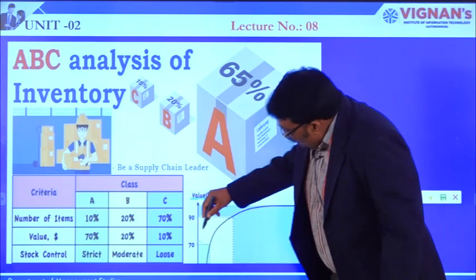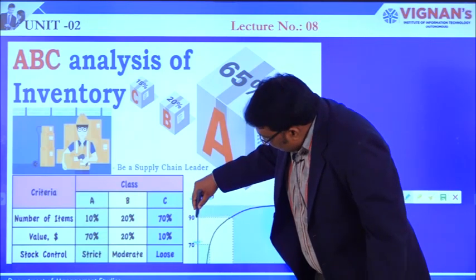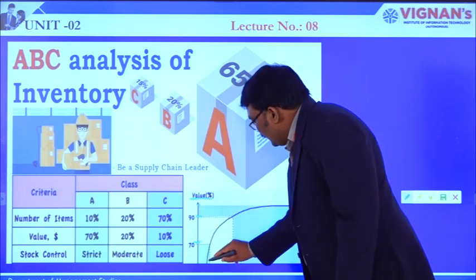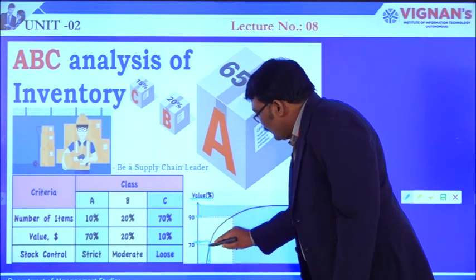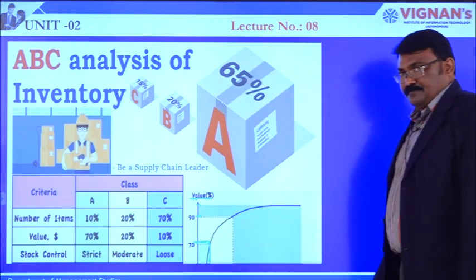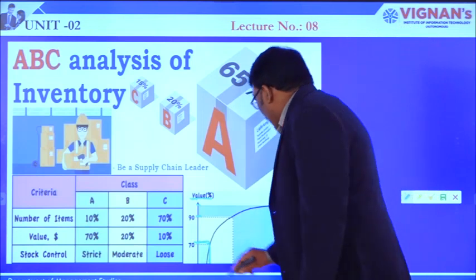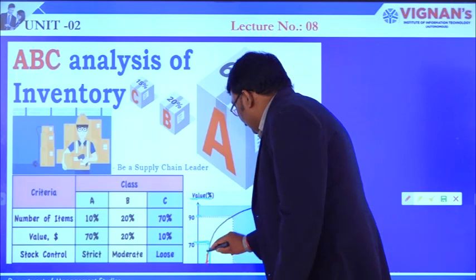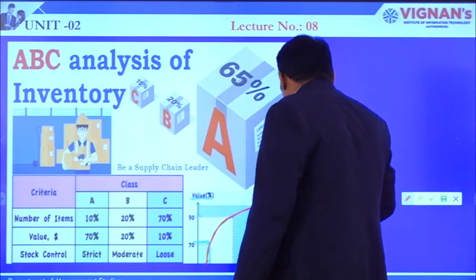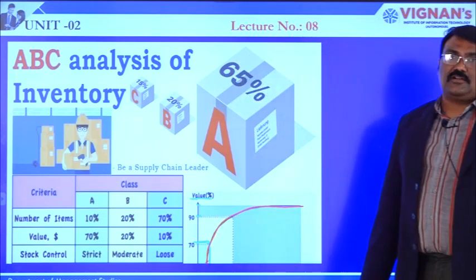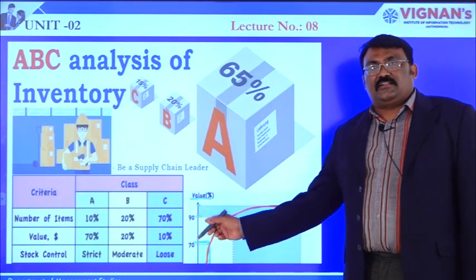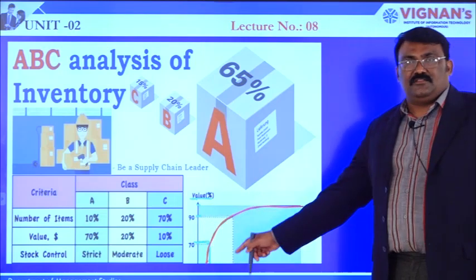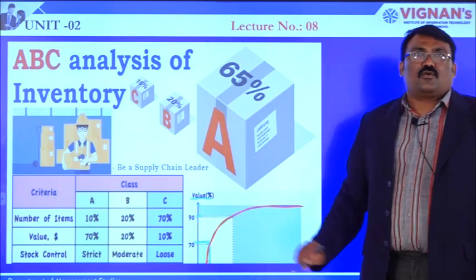Value here is 70%, here it is 90%, and here 10%, but in terms of quantity it is only 10%. And this is the stock level. Under the stock level diagram, you have seen the classification based upon value, with the bottom axis in the form of quantity.